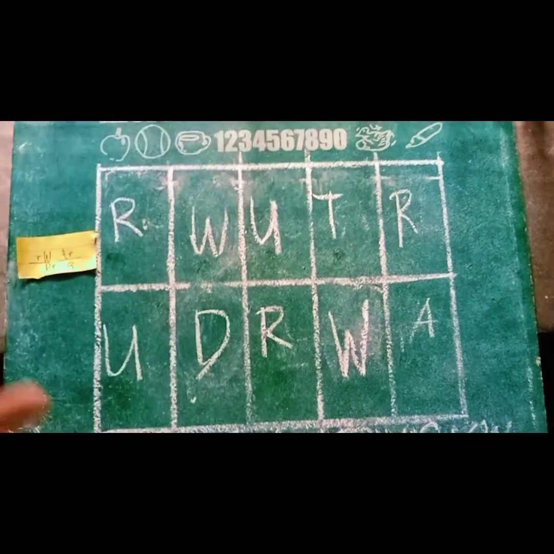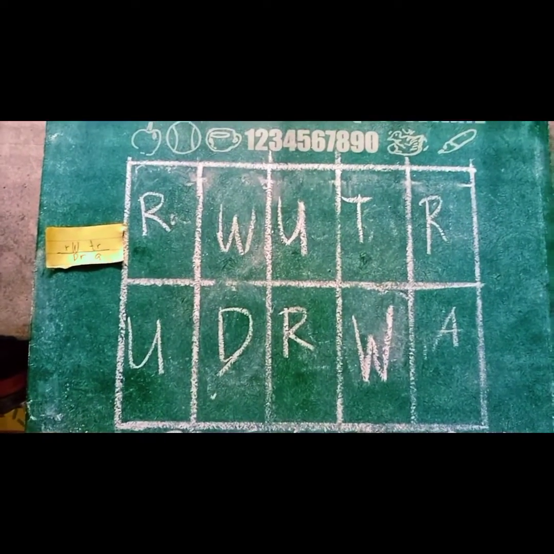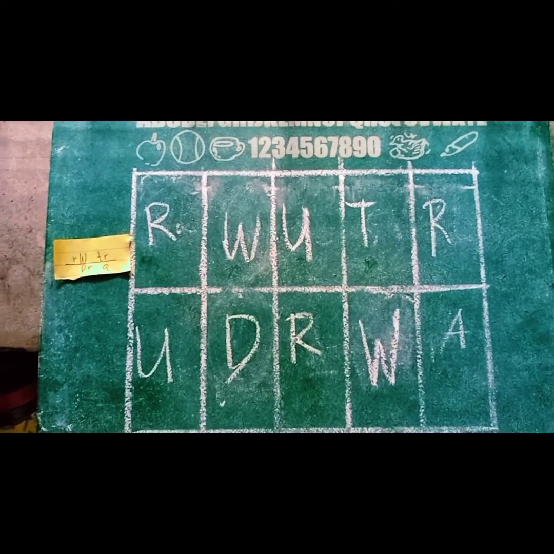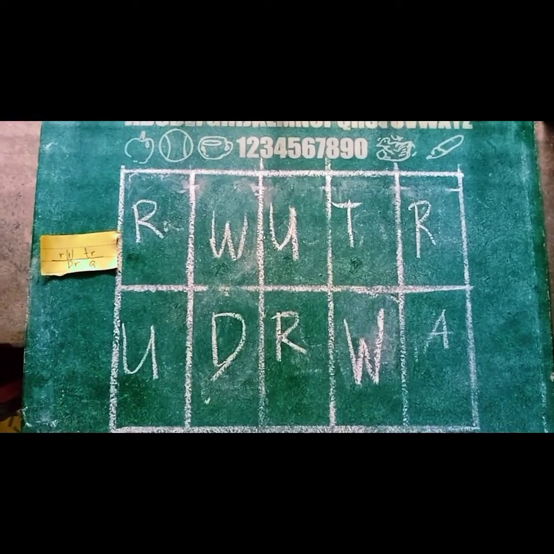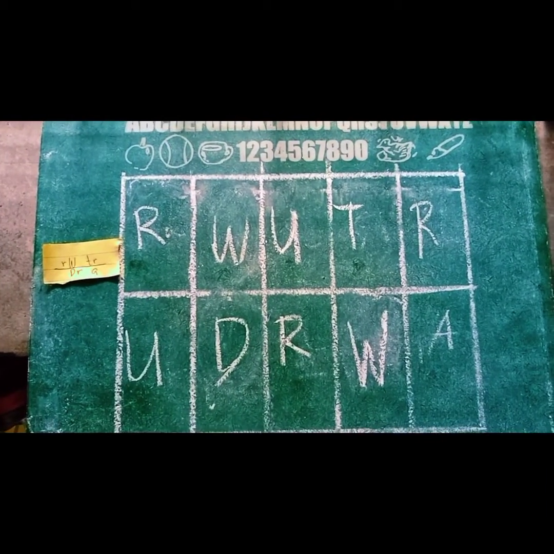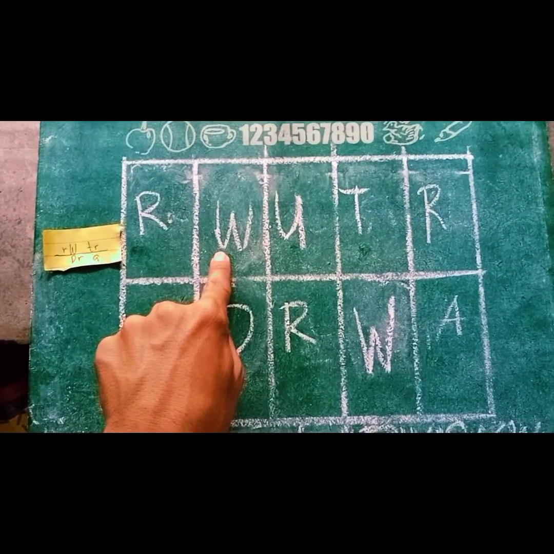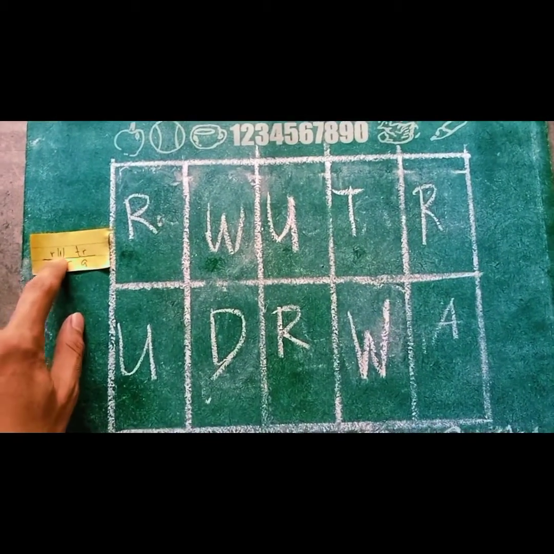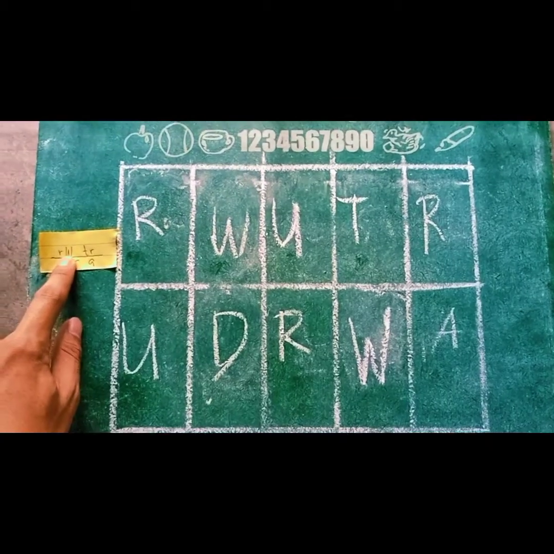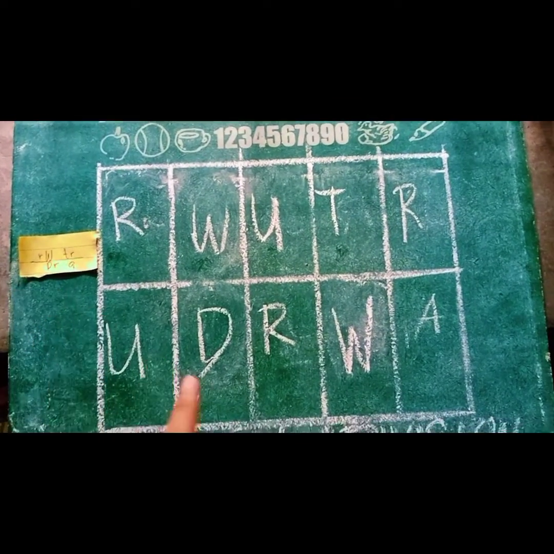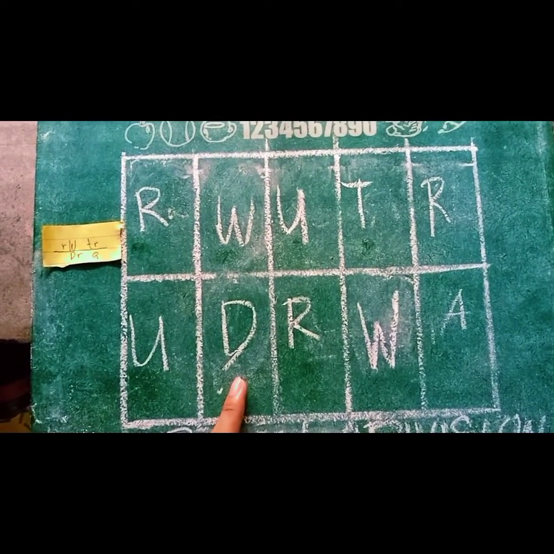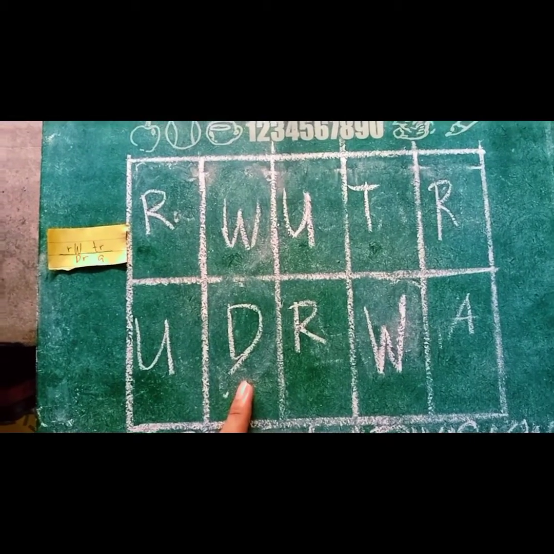So let's try this first. So let's begin with the index finger. So our index finger here is plain whorl. So plain whorl will be put in here, big letter W. And our next index finger is double loop whorl.